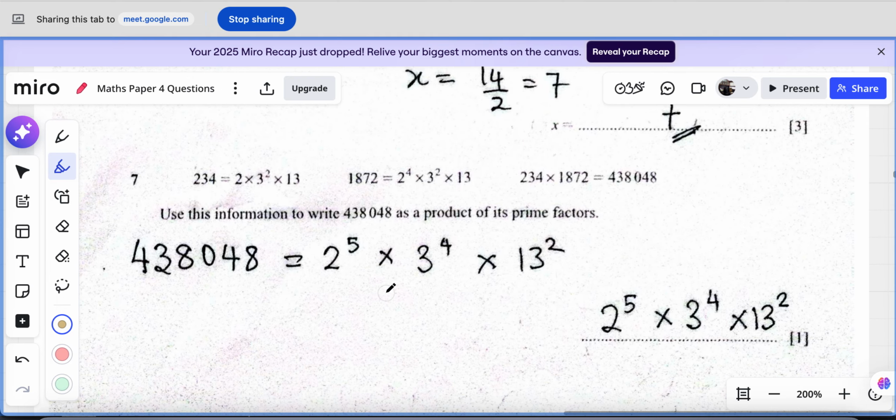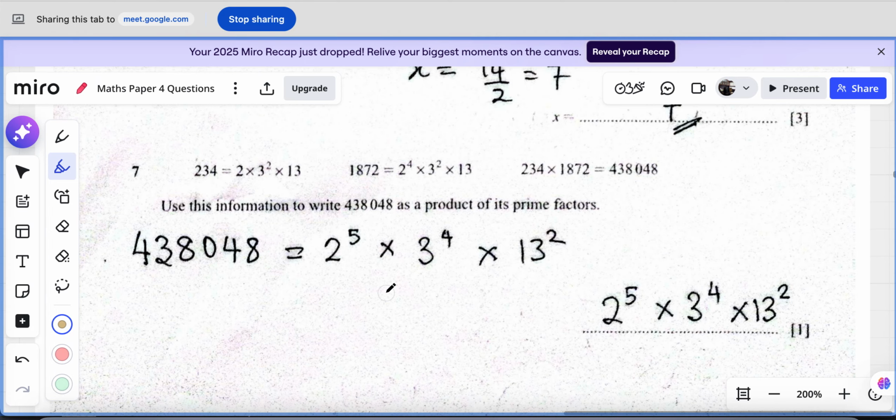Now let's go to question 7. We're given a big number, 234, and the product of its prime factorization: 2 times 3 to the power 2 times 13.